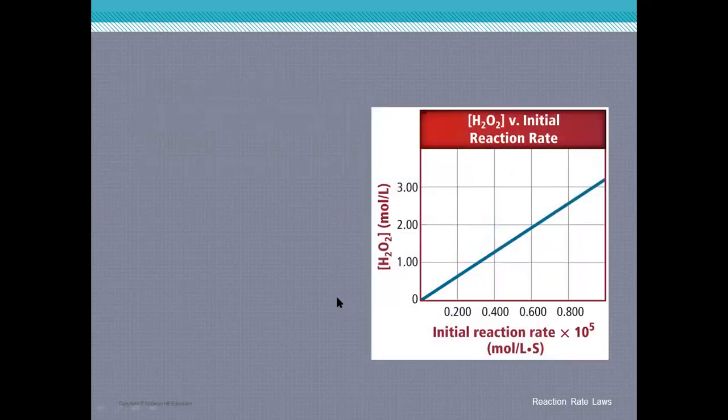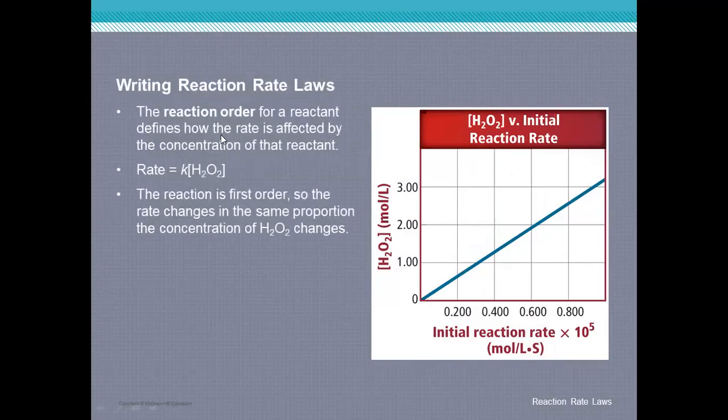Reaction order for a reactant. The reaction order for a reactant defines how the rate is affected by the concentration of that reactant. As the rate of reaction equals K times H2O2, the reaction is first order, so the rate changes in the same proportion as the concentration of H2O2 changes.